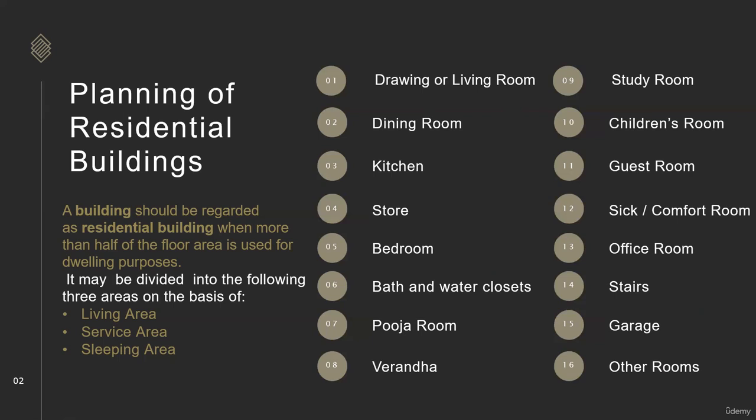According to that, whatever basic necessary rooms are required, only those we are going to provide: the living area, kitchen area, bathroom area, and the sleeping area, that is the bedroom area.